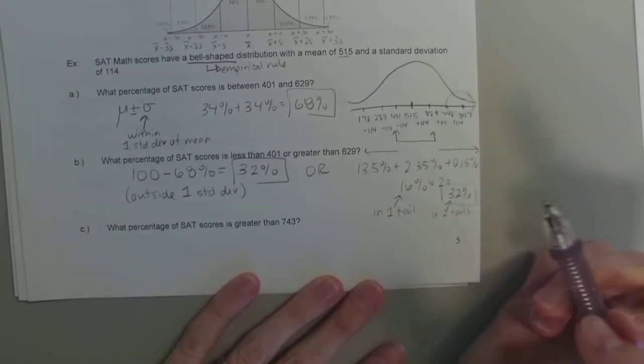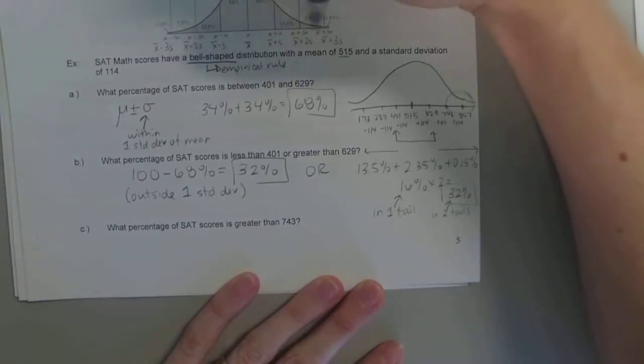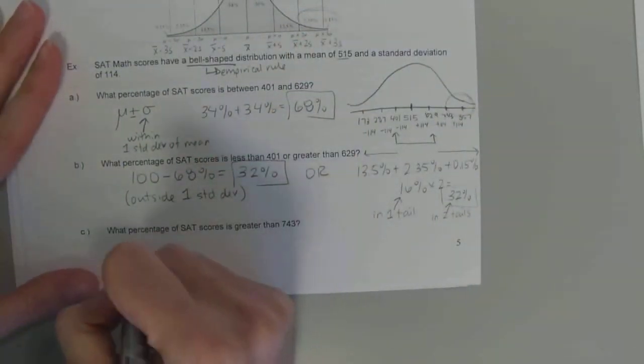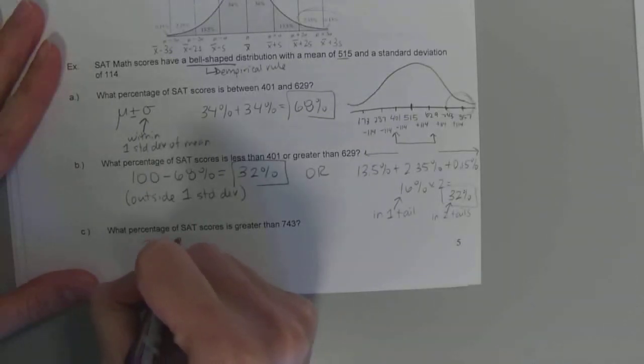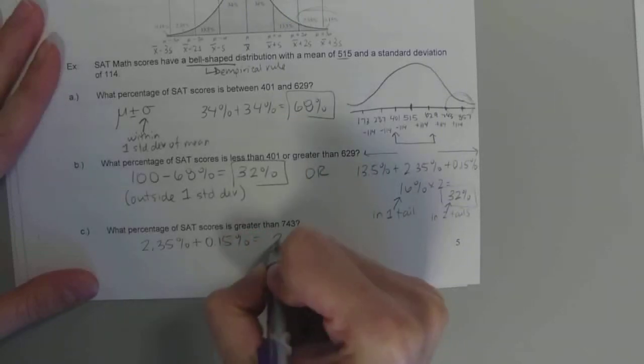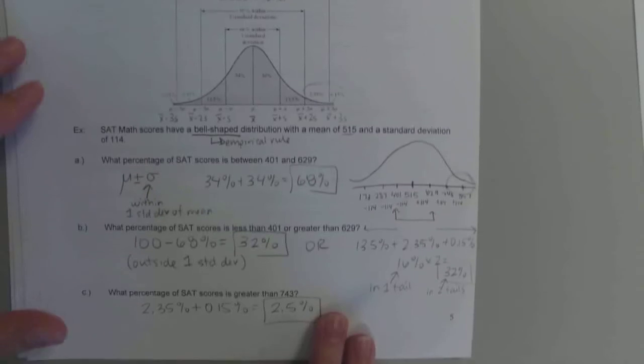So that is what? 1, 2 standard deviations out, is that right? So we'll go 1, 2 standard deviations out. That's just equivalent to these 2 little chunks up here. So what are you guys going to get there? You're going to add 2.35% plus 0.15%. Do you guys get 2.5% when you do that?